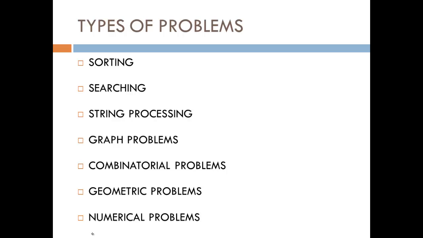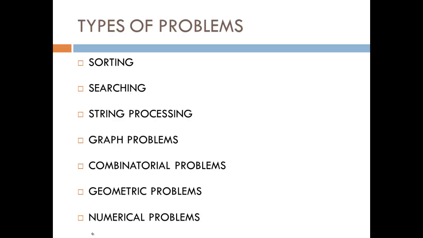So of course, when we are looking at these design paradigms, we will look at particular problems to solve. And so there are many different problem types we'll look at in this course. These are not disjoint. Some of them, you can classify some problems as, for example, both combinatorial problems and graph problems, right?